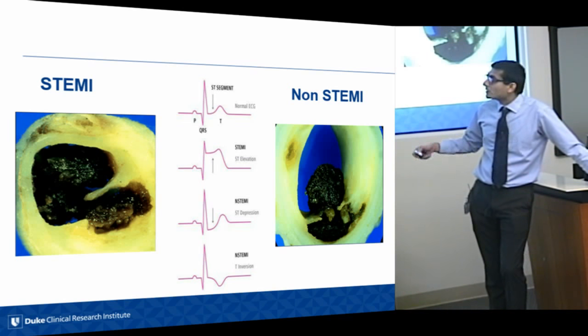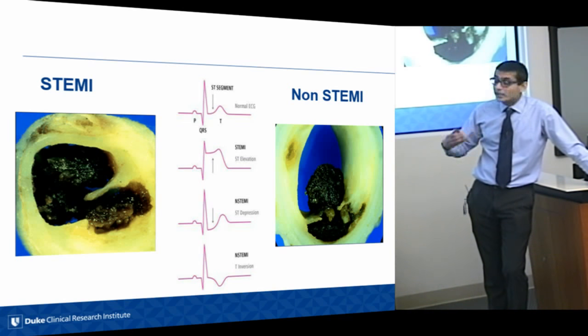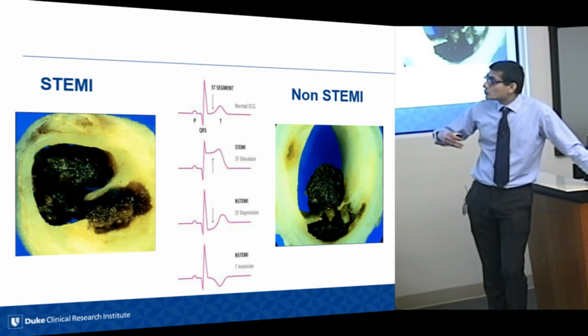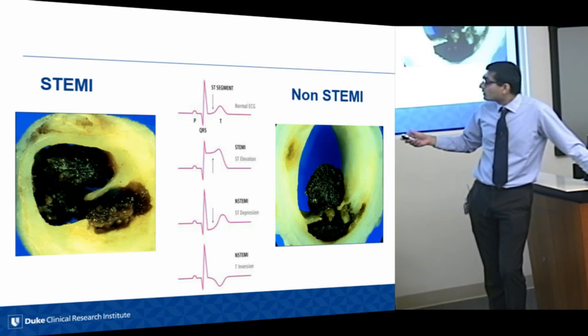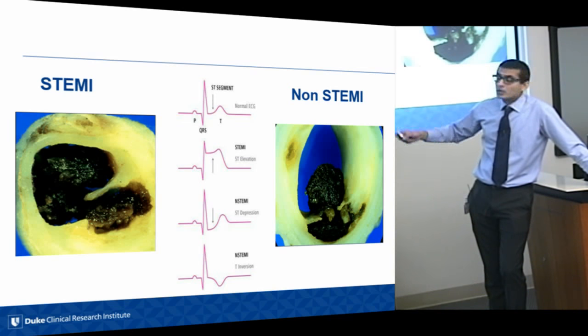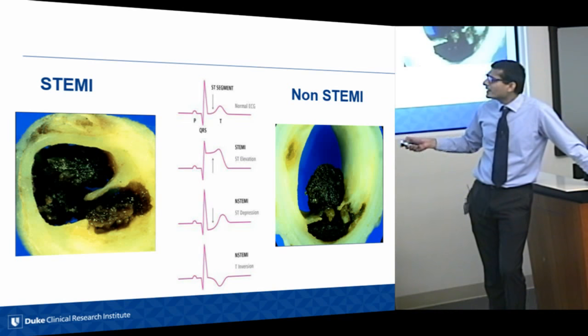But for some reason, the body's endogenous ability to break down clot supersedes the ability to form clot. So despite clot formation, there's a patent lumen allowing blood to flow. This highlights the difference between STEMI, a completely occluded artery, and non-STEMI, which is underlined by plaque rupture but does not result in complete coronary occlusion.